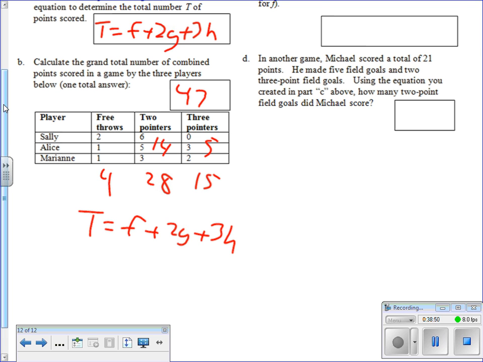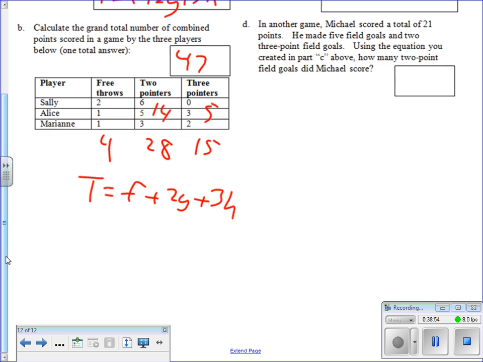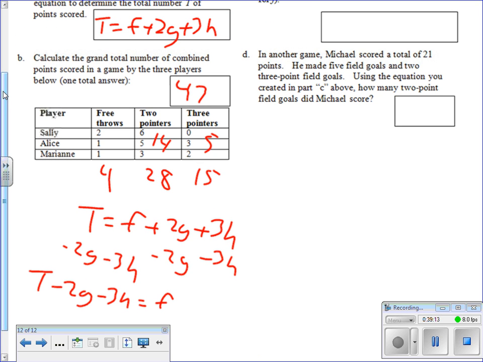Solve for F. That's what that says. Subtract 2G, subtract 3H. T minus 2G minus 3H is equal to F. F equals T minus 2G minus 3H.